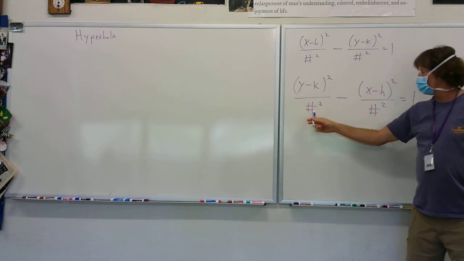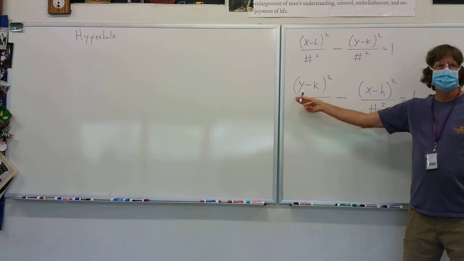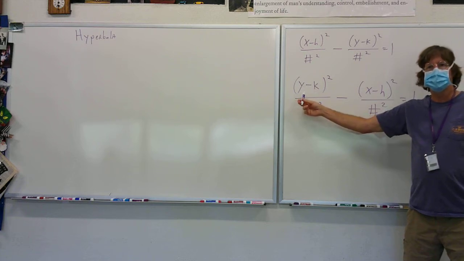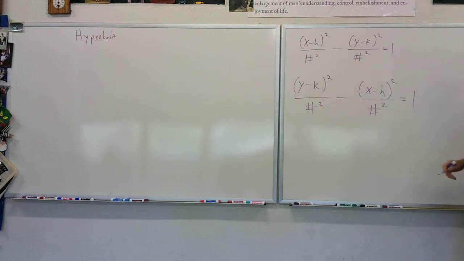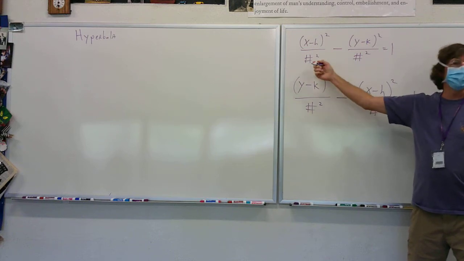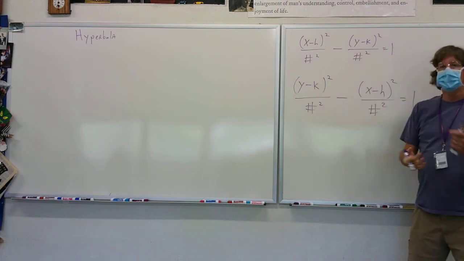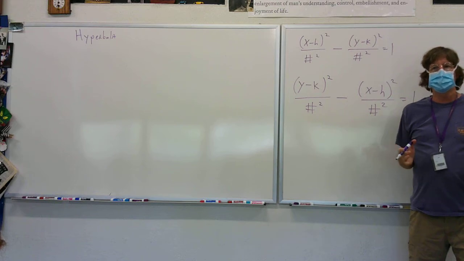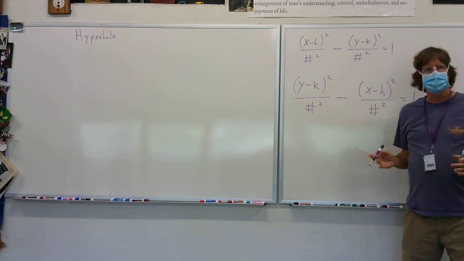In this case, all this information here is Y, because it's close to the Y. Now, I'm going to tell you the big difference between the two. Notice I didn't put bigger or little under here, because it doesn't matter. You're going to have a number squared here and a number squared here, and it doesn't matter which one's larger or smaller, so we don't have to worry about that.